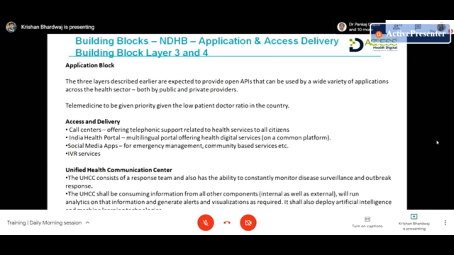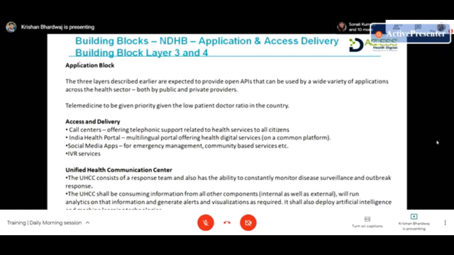And one last thing they talk about is a unified health communication center. So this is exactly the need of the time today. If you see the COVID condition today, practically this should have been developed earlier. So they are talking about a health communication center in place, which is a response team, and it should have access to the cases, and it should have the ability to constantly monitor disease surveillance and outbreak response.